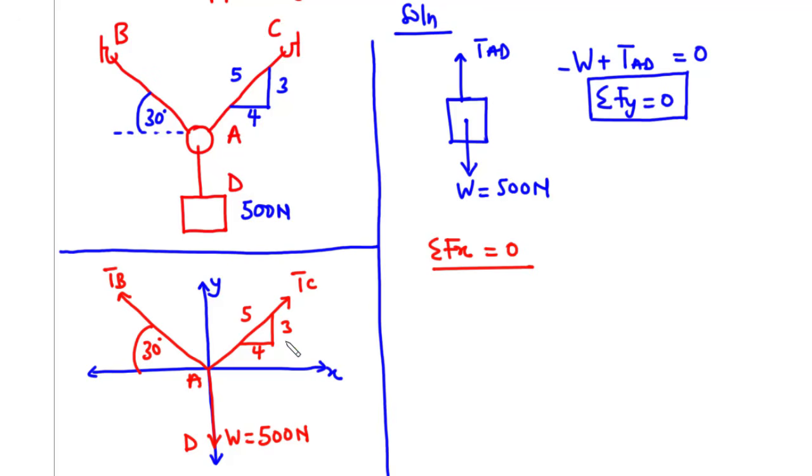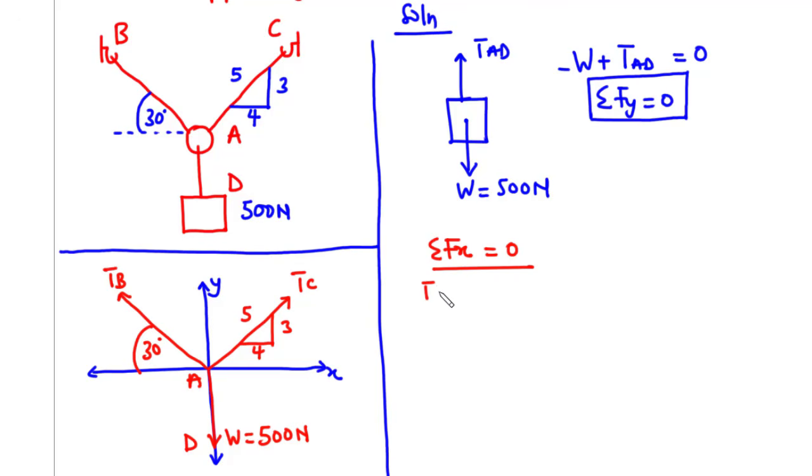So how do we apply the small slope triangle? Now we know that the x component of TC acts along the x-axis. Now we have 4 corresponding to the value on the x-axis, and we know that cos theta is equal to adjacent over hypotenuse.